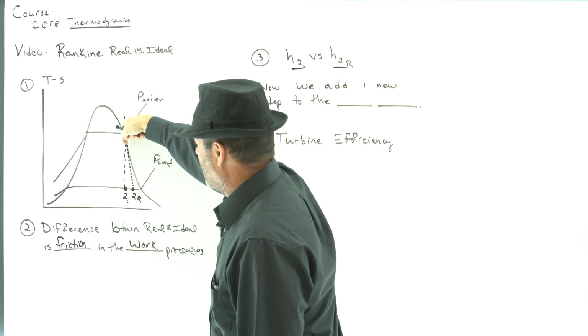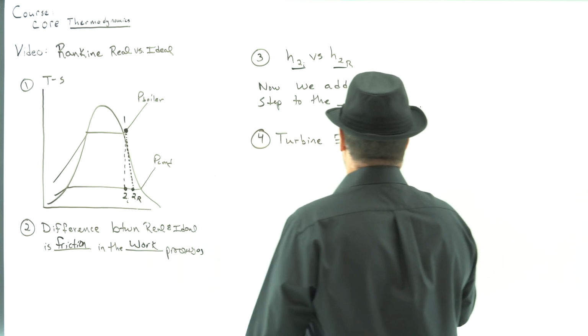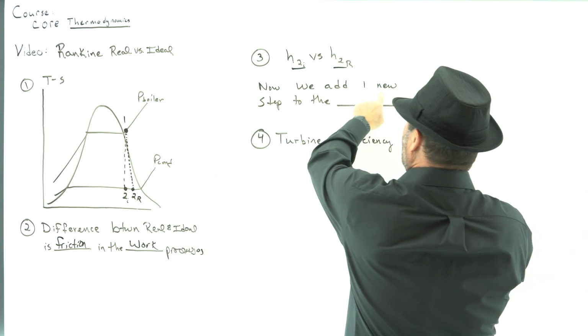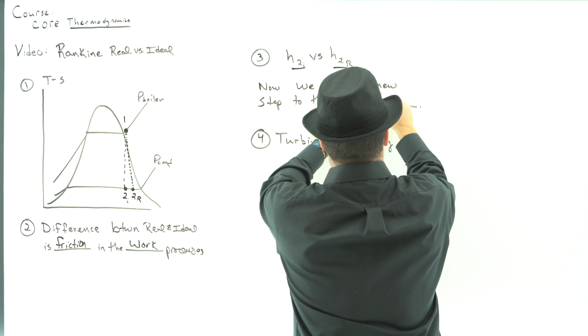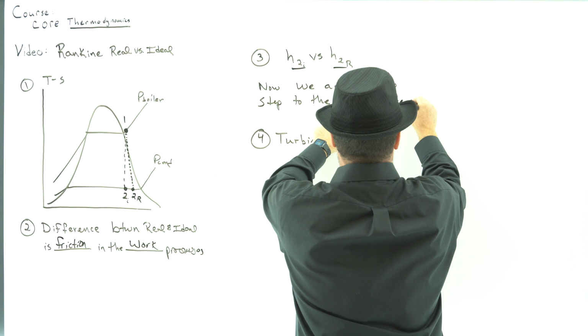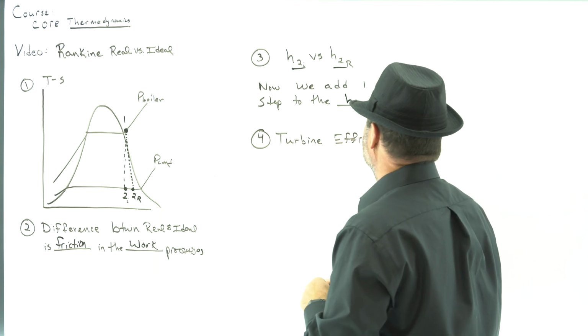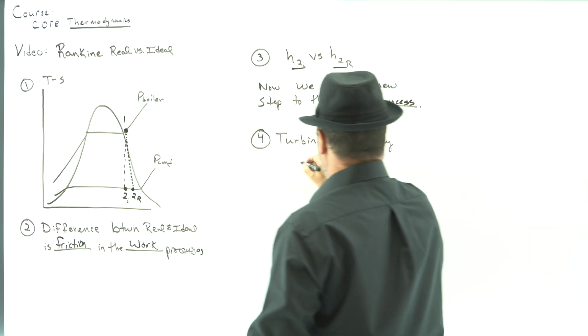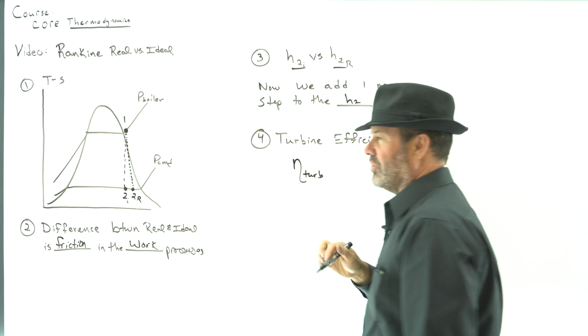H2 ideal, we find that the way we always have. Now we have to add one new step to the H2 process. We've talked about finding H2 as a process. So here's the new step. We add in something called the turbine efficiency.